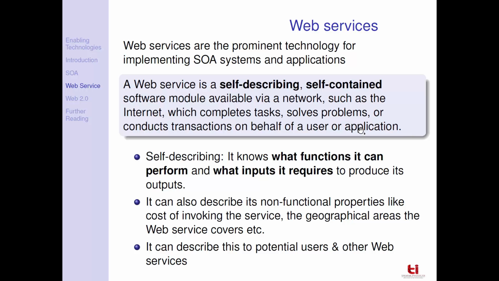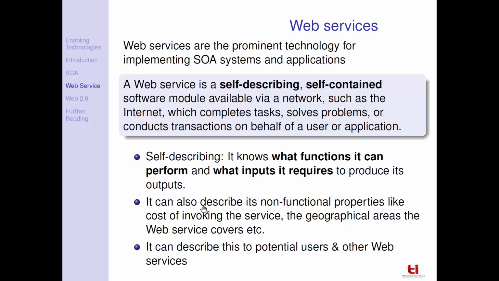Now let us look at this. It is self-describing. So what do we understand by this term? It means that it knows what functions it can perform and what inputs it requires to produce its output.